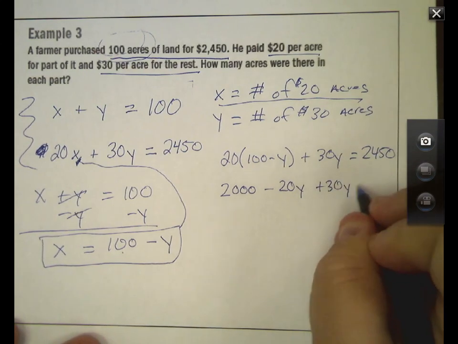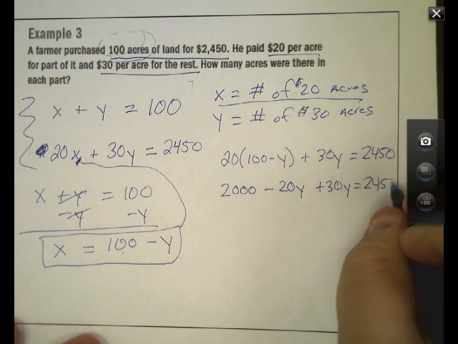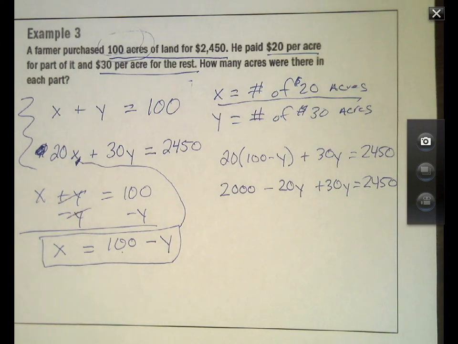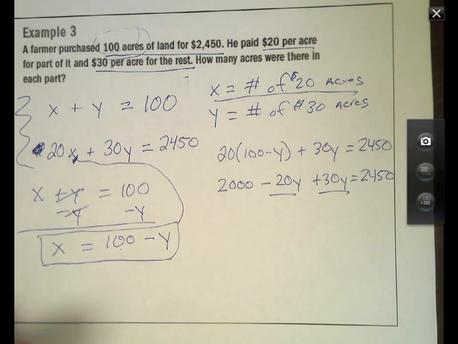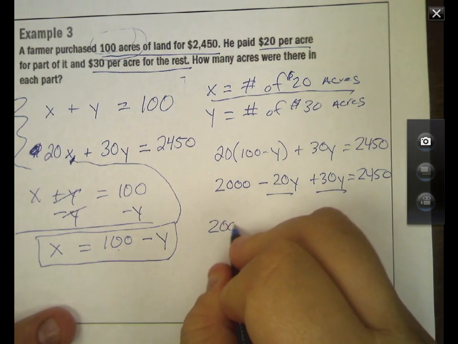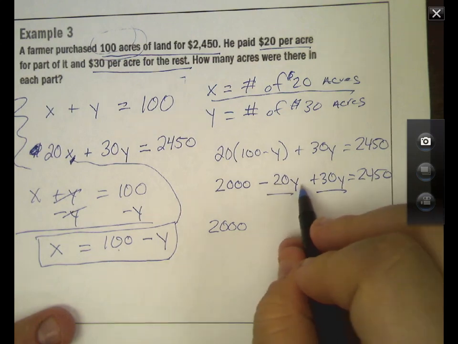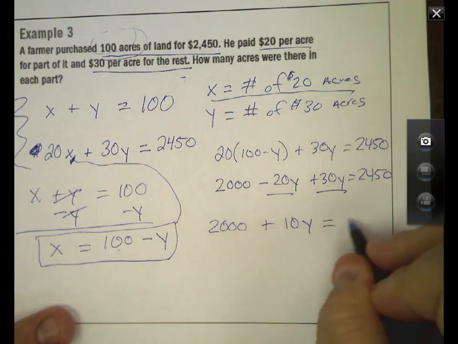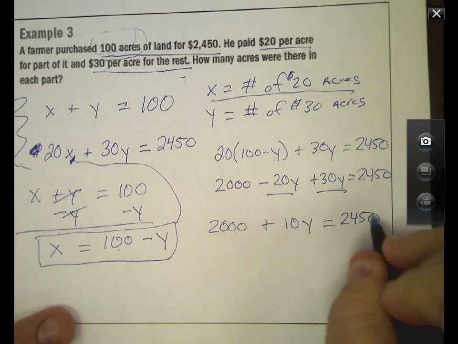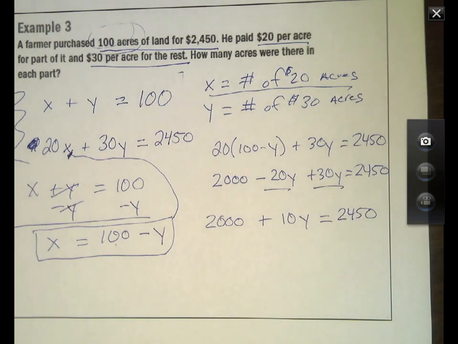Plus 30Y equals 2,450. Now, you all should be yelling at me that these two things are the same thing, so we can combine them. So negative 20Y plus 30Y is now 10Y. 2,000 plus 10Y equals 2,450.